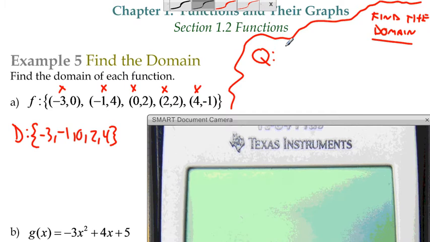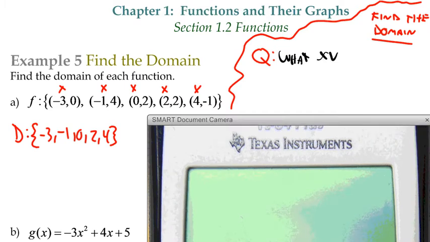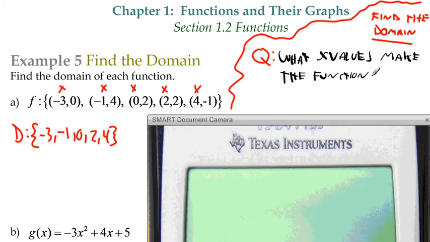and that is, what x values make the function undefined? Okay, so what x values make the function undefined?